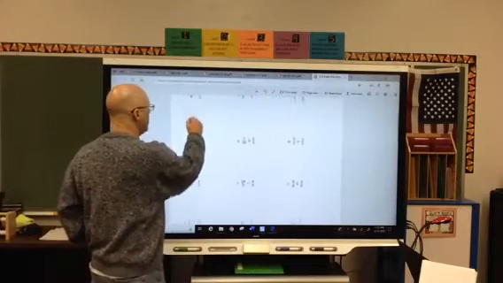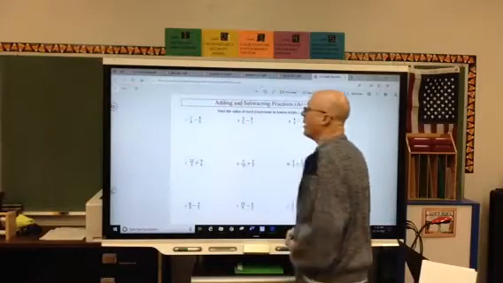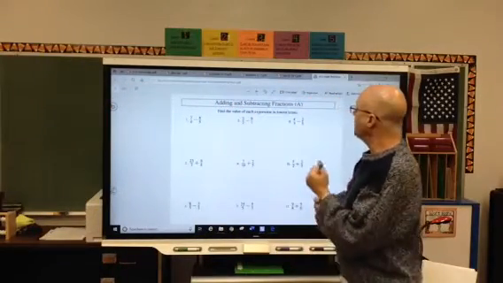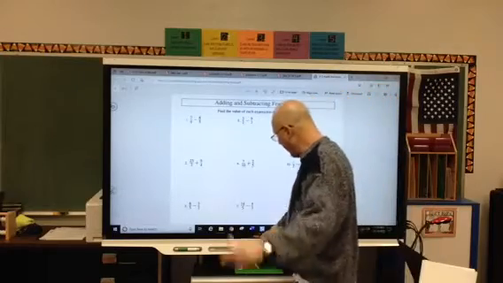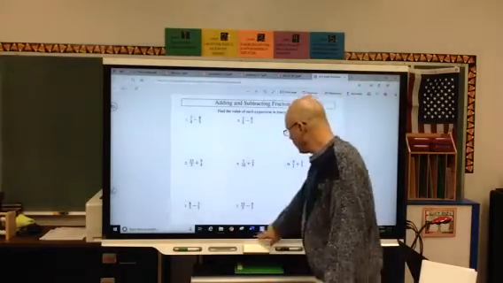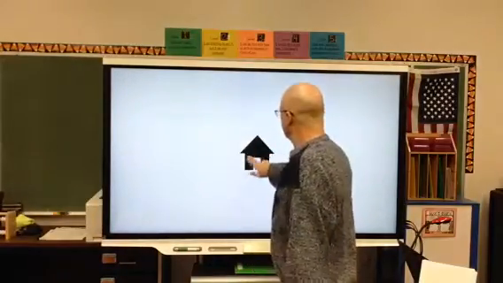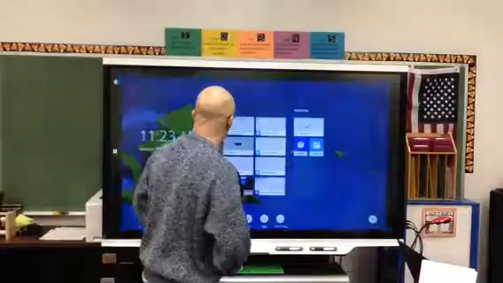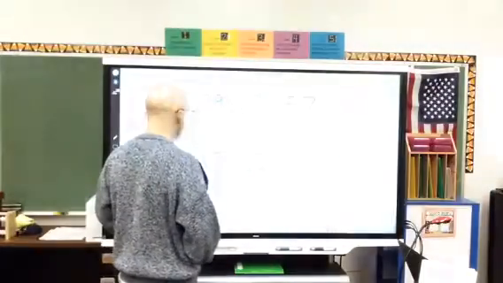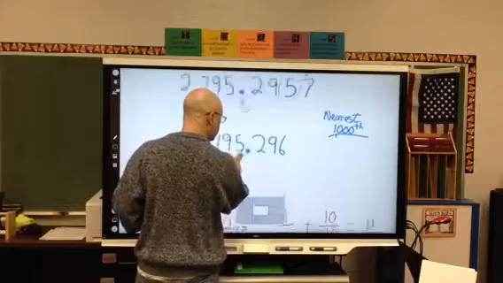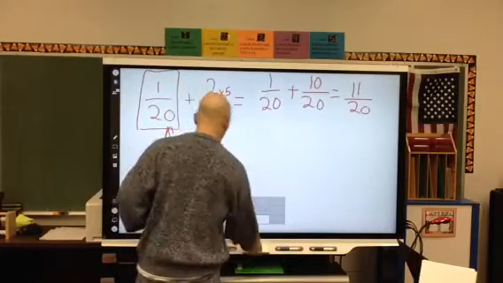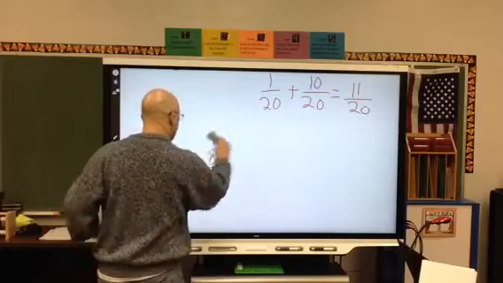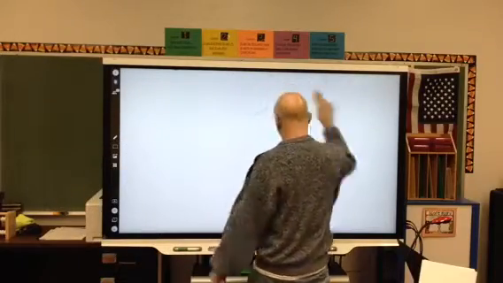We're going to start with this one right here, number 1, 7/4 minus 8/5. Now what we have to do, because when we add and subtract fractions, we have got to get a common denominator.